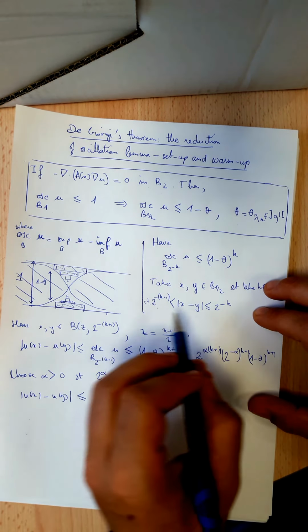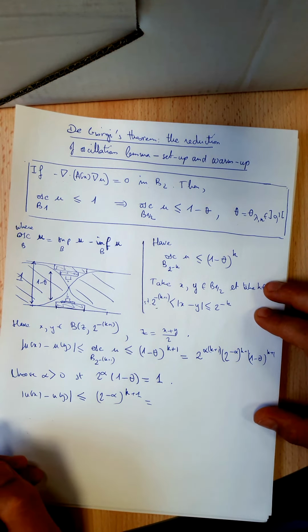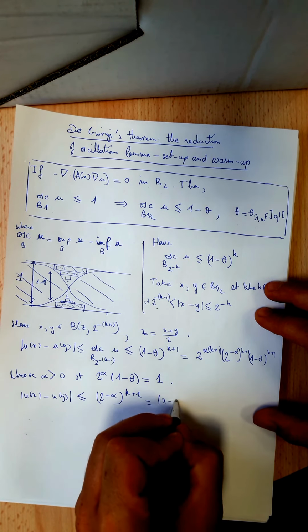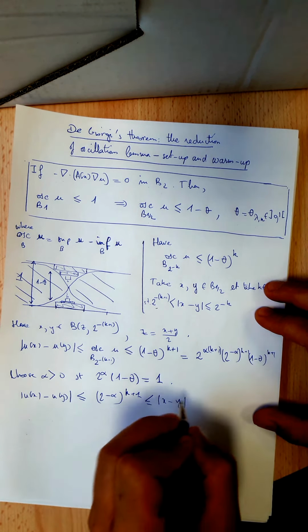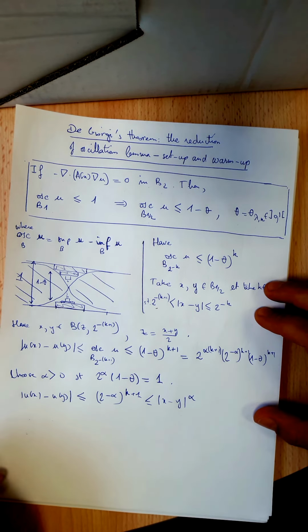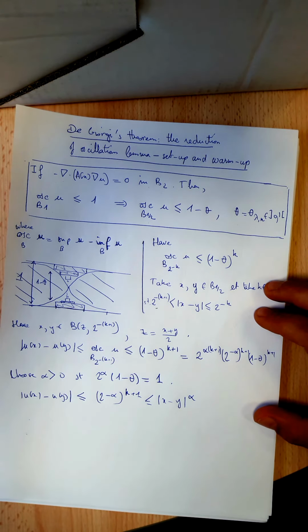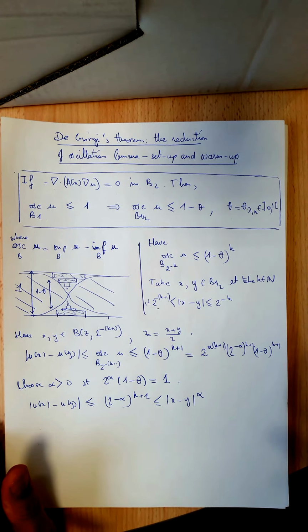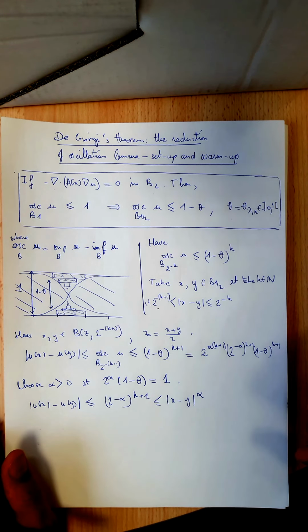But 2 to the minus (k plus 1) was a lower bound for the distance between x and y. So this is going to be less than the distance between x and y to the alpha, and we're done proving the Holder continuity. So let us turn now to the proof of the oscillation lemma in a special case.